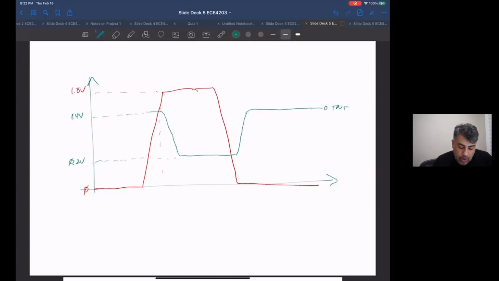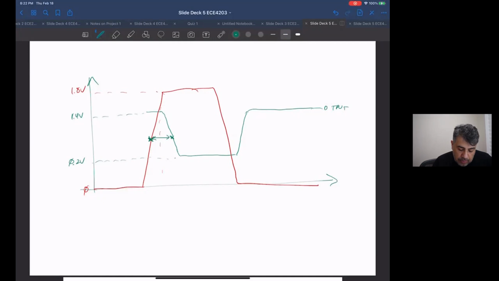Okay, so the prop delays are defined as the delay from the input transitioning to the output transitioning. So this would be tp, the falling prop delay.